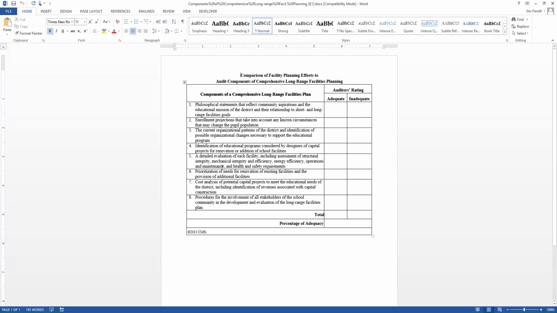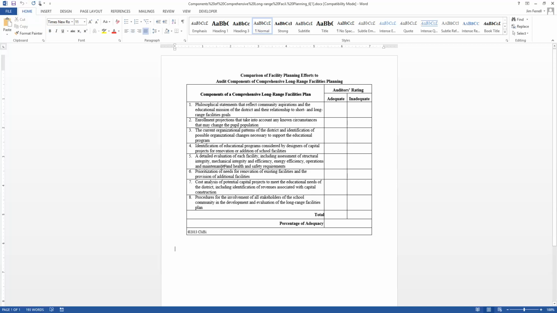Most of them are inadequate. And then you'll simply do a percentage out of 8, how many of them are adequate, and come down. You have to have at least 6 out of 8 or 80% for the planning documents to be considered adequate. Very few districts ever get that.